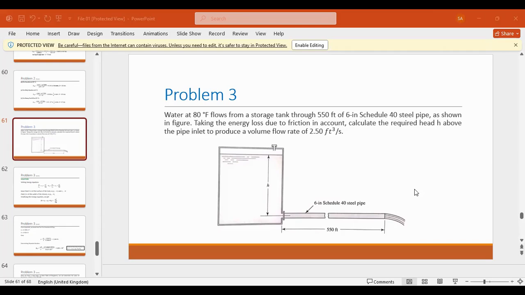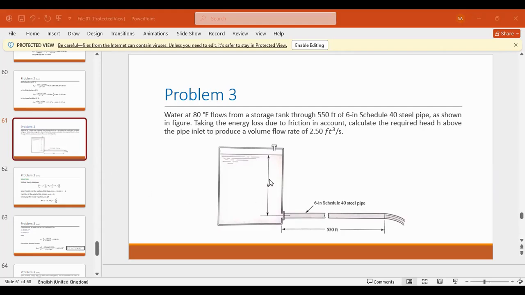This problem is particularly important because it highlights how theoretical principles of fluid mechanics, such as Bernoulli's equation, head loss due to friction, and the Darcy-Weisbach relation, are applied in real-world engineering systems like water supply, pumping, and distribution networks. Let's move to the problem.